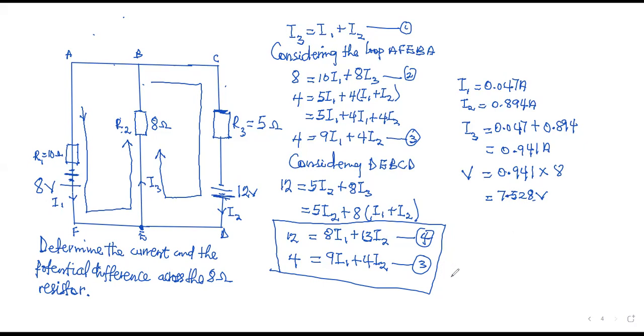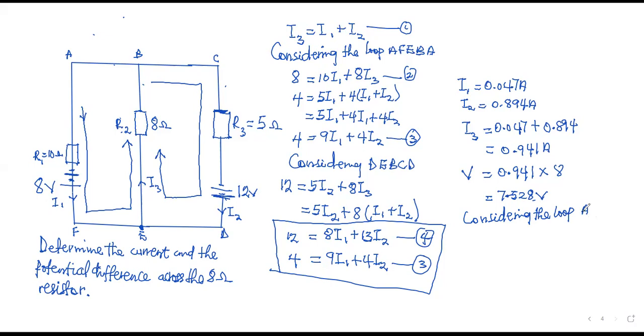Now, I want us to pick the third loop, the bigger loop, considering the loop A. I want us to go clockwise.